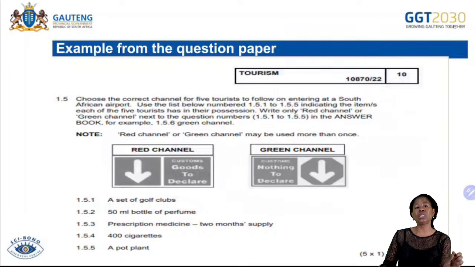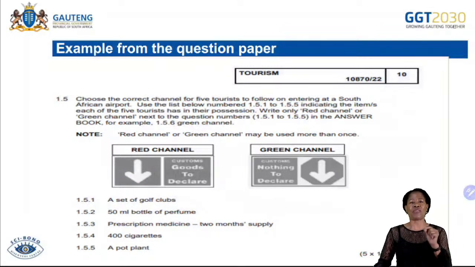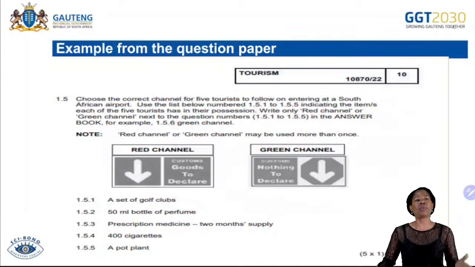Also, this question teaches you how to follow instructions. Write only the red and the green next to the question numbers 1.5.1 to 1.5.5. And then this one, check inside the brackets, it says 1.5.1 to 1.5.5. Do not just say 1.5.1 and 1.5.5.